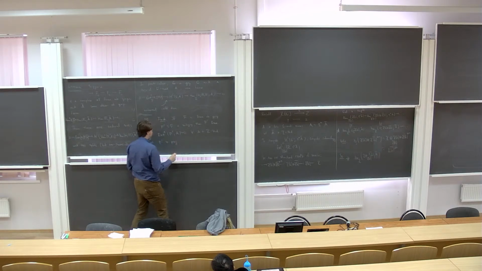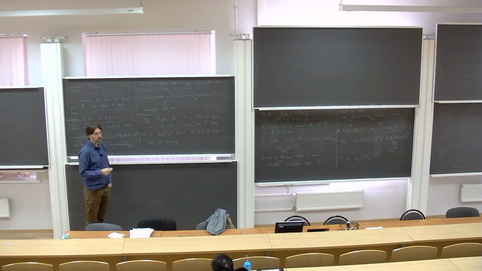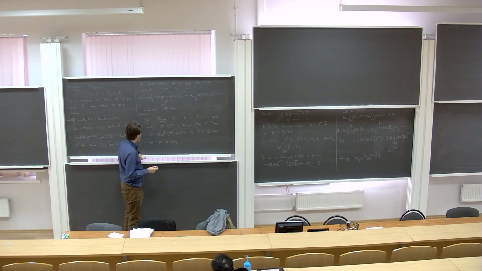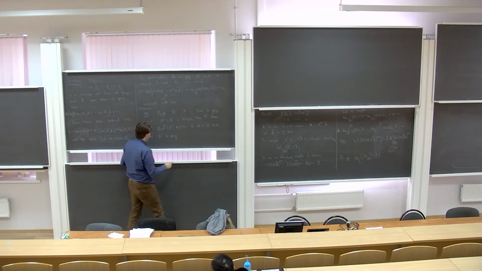And over a general ring, there can be lots of projective modules that aren't free. But this would actually even be enough at this point for our argument. But it turns out over the integers, projective is free.